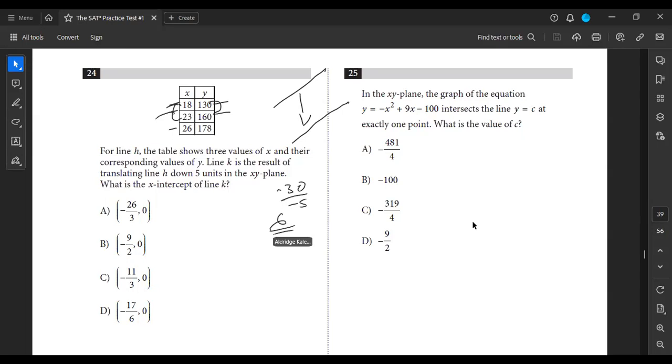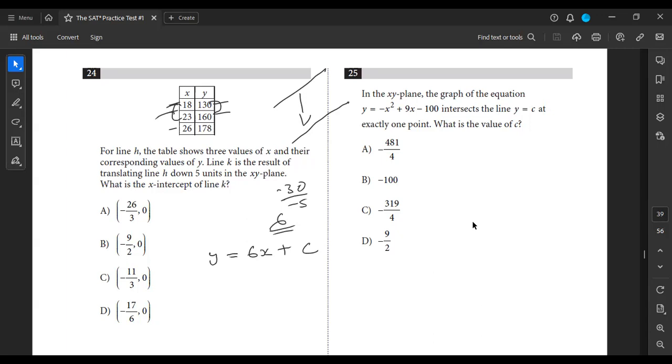So our equation is going to be y is equal to 6x plus, we don't know what our C is, right? Let's just say C for now. There are actually 2 ways we can solve this. Do you guys see the trick here?